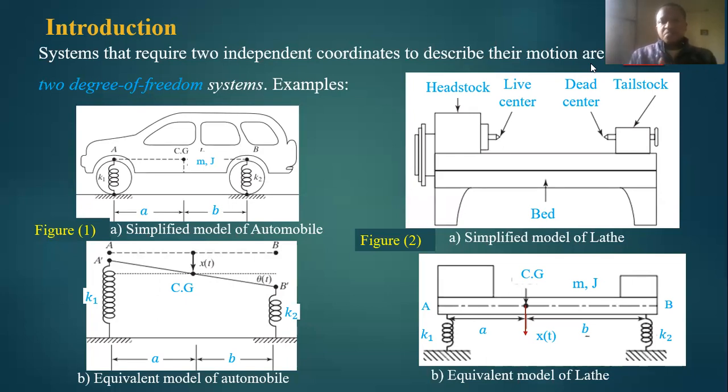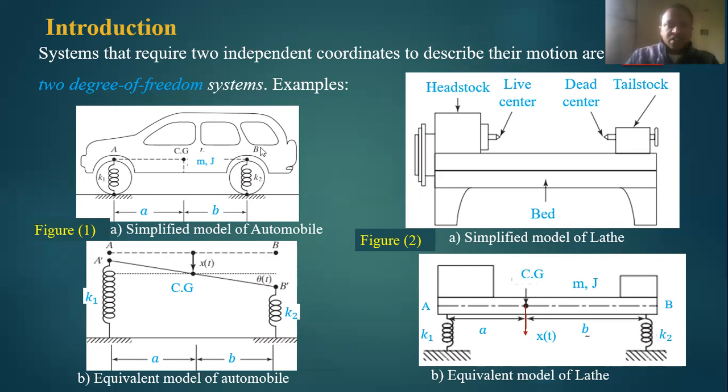For any number of degrees of freedom, that many equations are required, that many linear algebraic equations. So for a 2-degree of freedom system, we have 2 independent coordinates and 2 equations of motion.